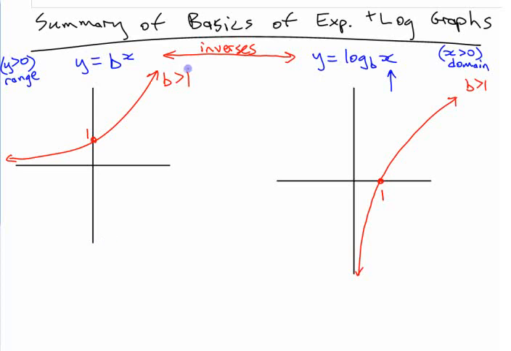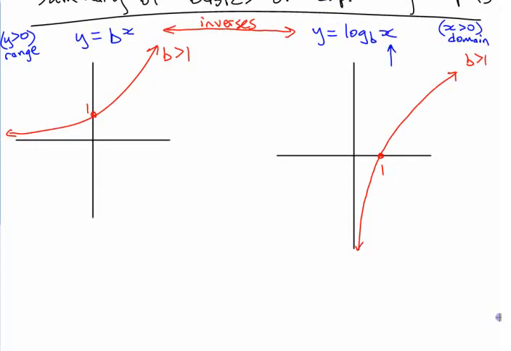Now we've done graphs where b is bigger than 1. If we look at where b is less than 1 for exponential functions, we've done that, right? One would be like y equals 2 to the x, it looks like that. When we changed it to a half to the x, remember how the graph changed?